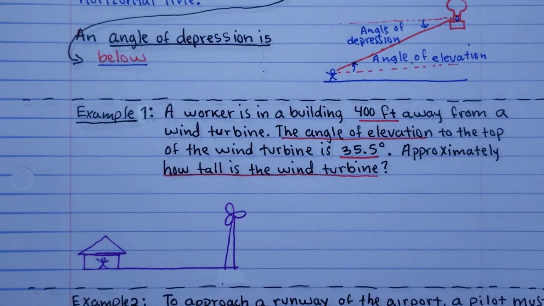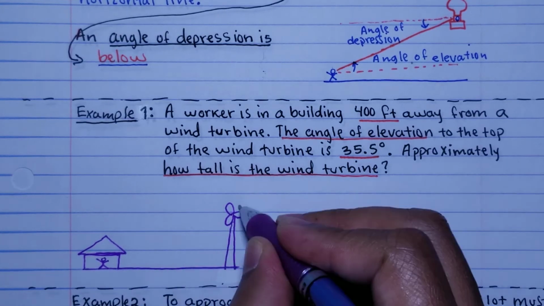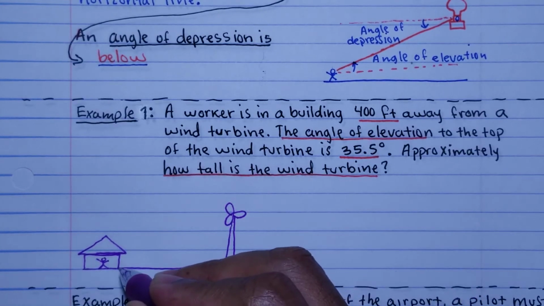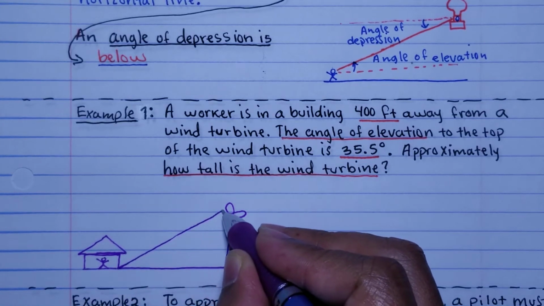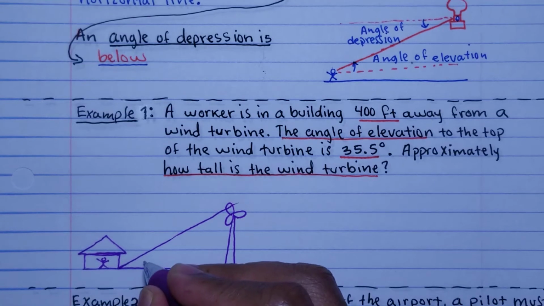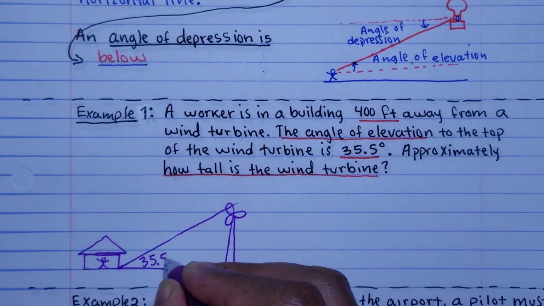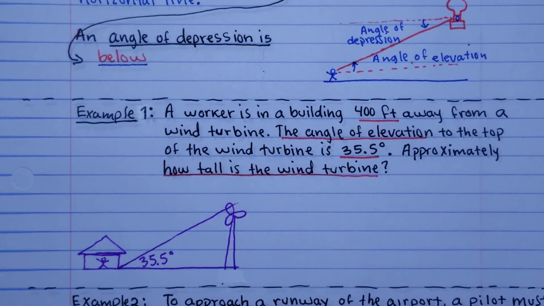All right, so if we just draw this line so we can form a triangle, okay, this angle has a 35.5 degree measure, okay.